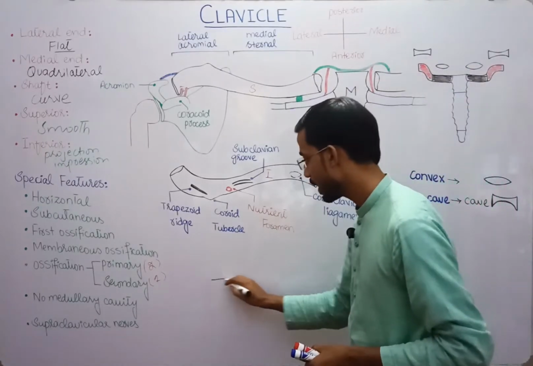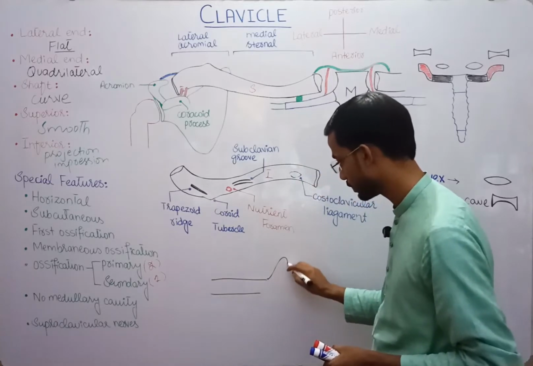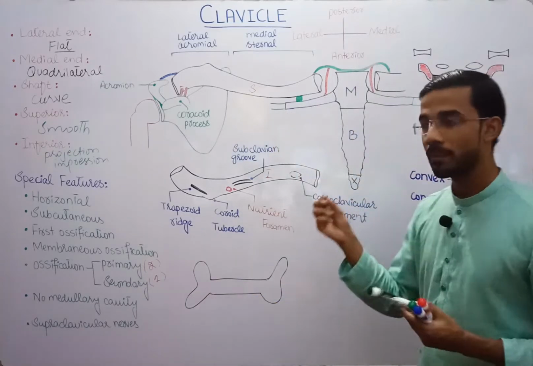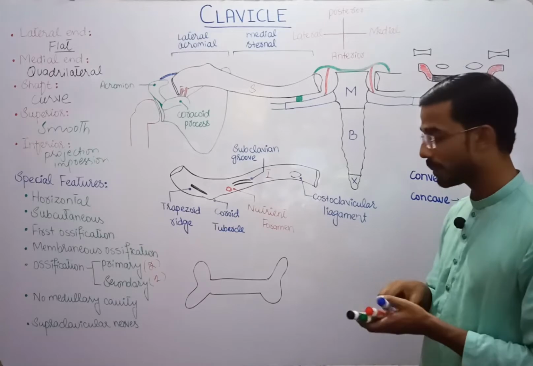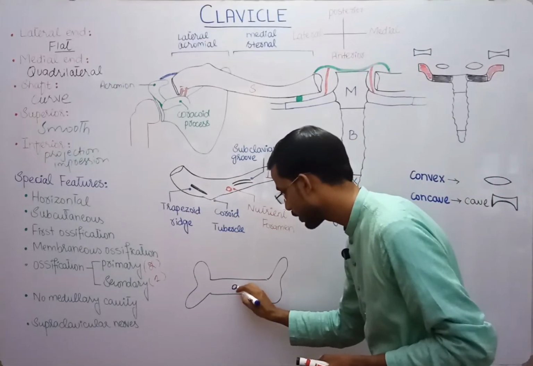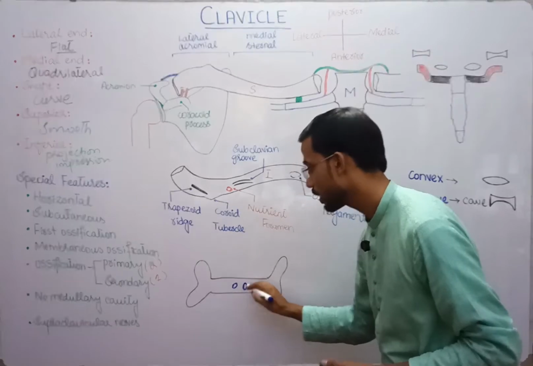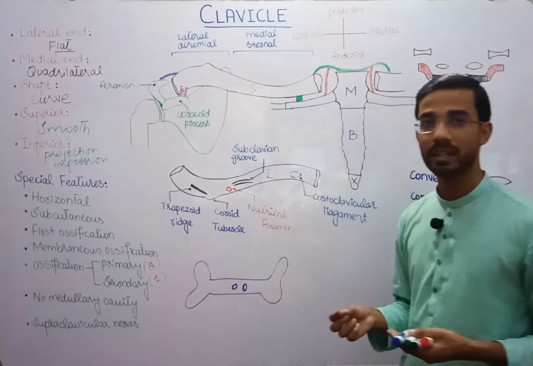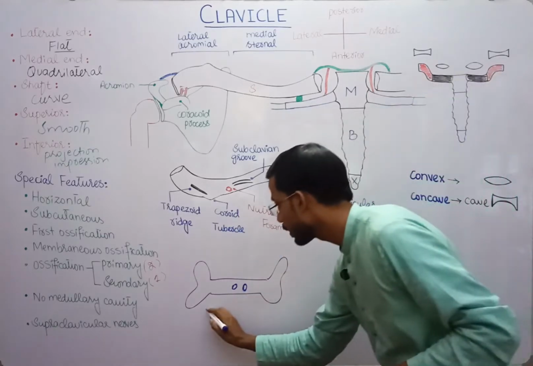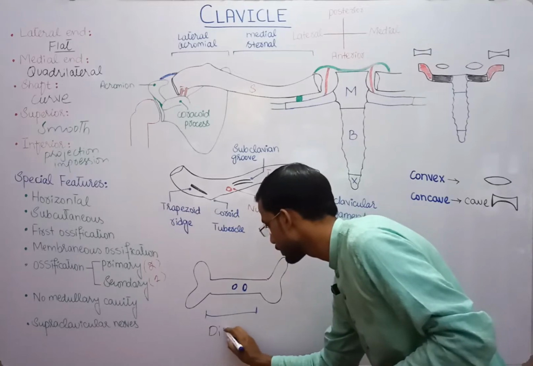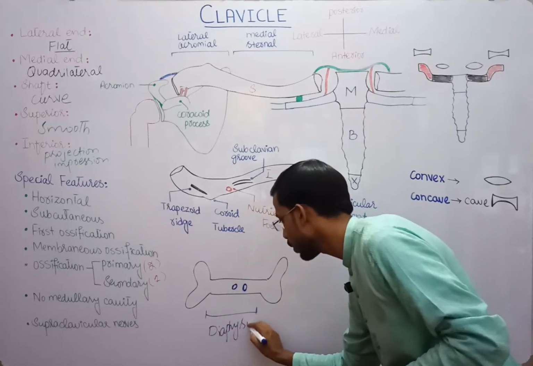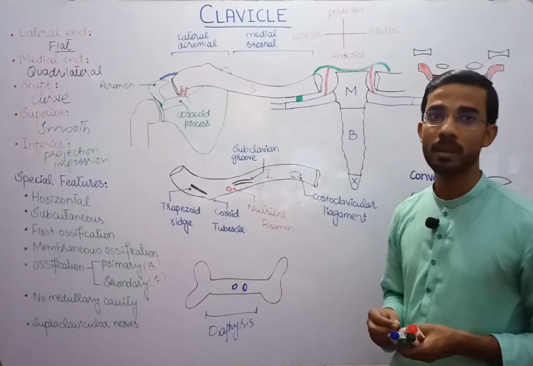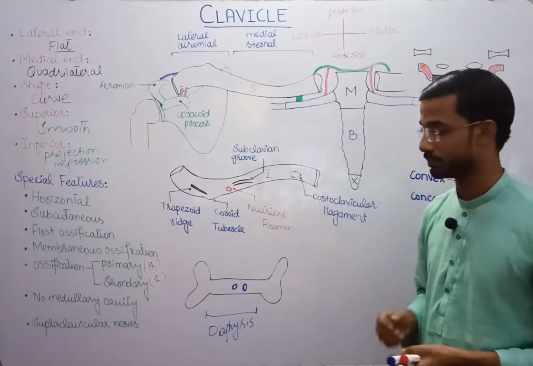Let's see. Here you can see this is a bone. Primary centers are usually present at the center. Here are 2 primary centers. The primary centers result in the formation of the diaphysis, the shaft of the bone, and these centers are usually present before birth.